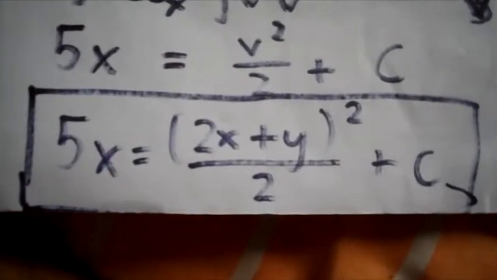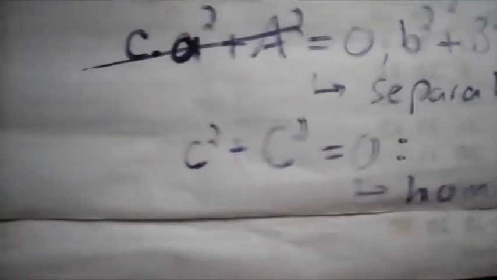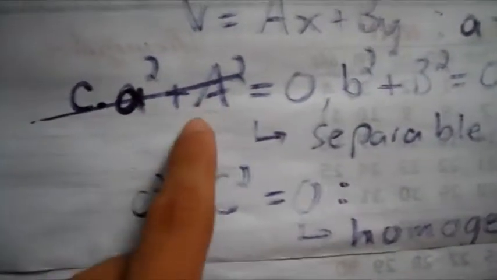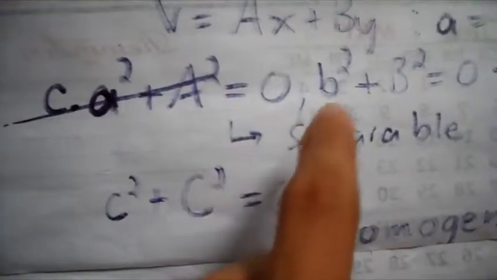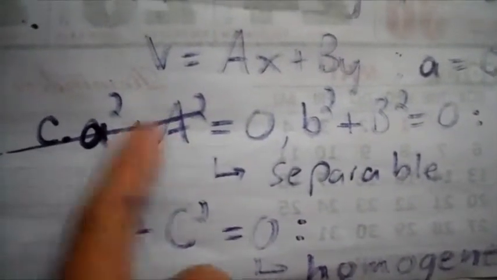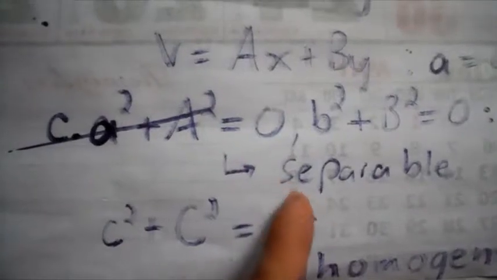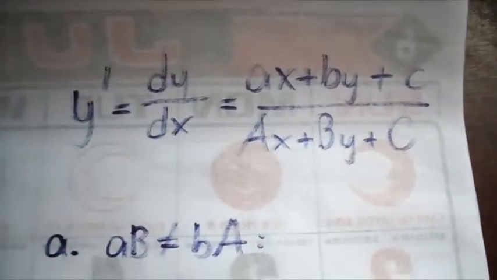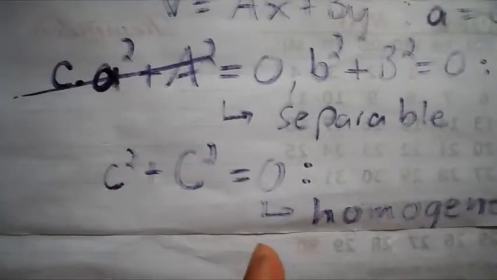Now to prove this for c, we have lowercase a squared plus uppercase A squared is equal to 0, and lowercase b squared plus uppercase B squared is equal to 0. If these conditions are met, the equation given here can be transformed into a separable equation. And if c is equal to 0, the equation can be transformed to homogeneous.